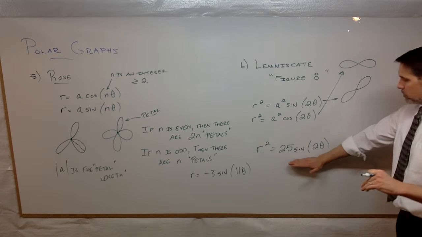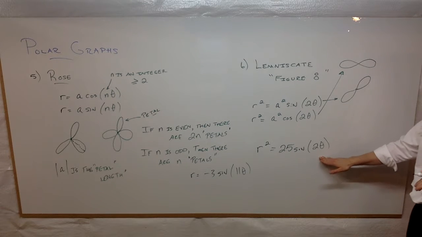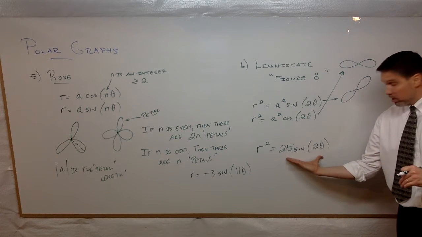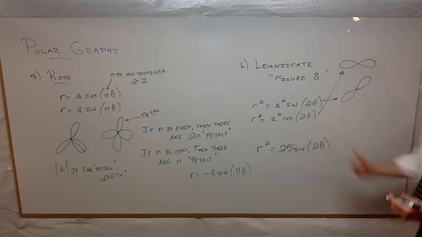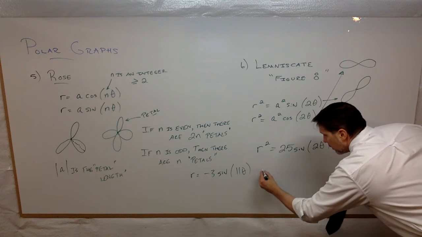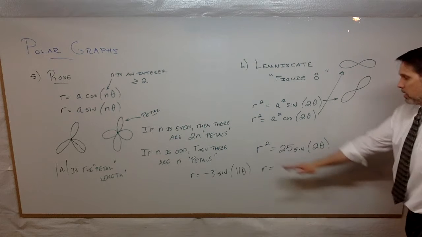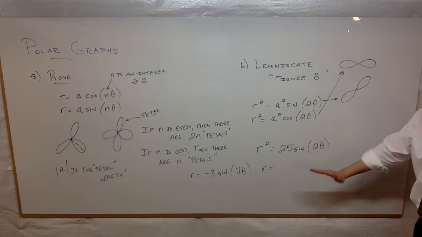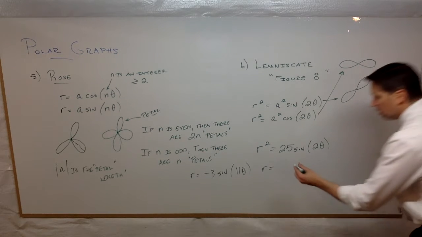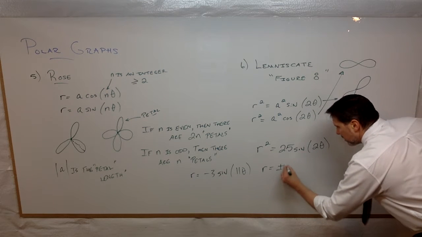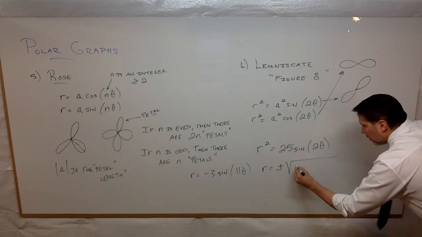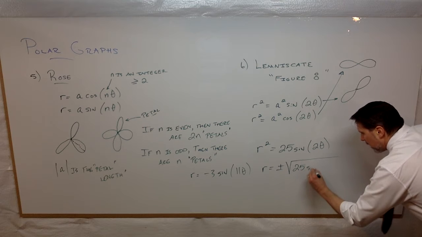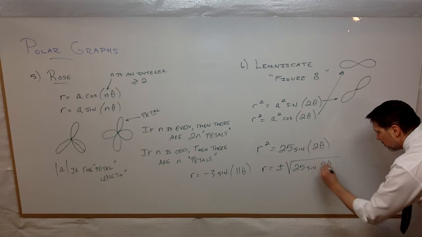Well, first things first, I cannot enter in r squared equals this as is. What I have to do is square root both sides. Now, the problem is when you square root both sides of an equation, you know there's a plus and a minus aspect to it. So this will be plus or minus the square root of 25 sine of 2 theta.